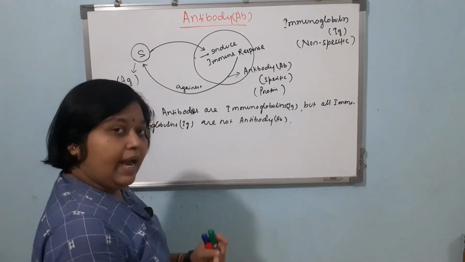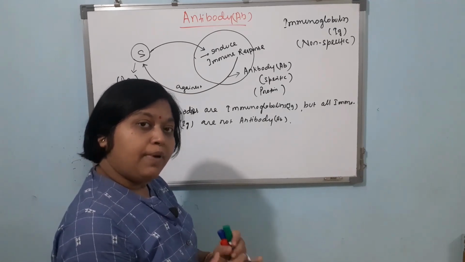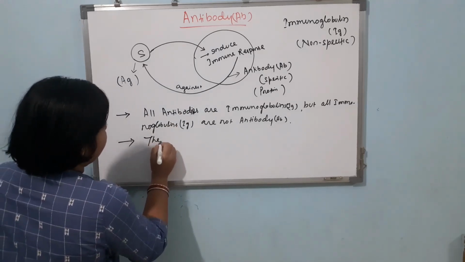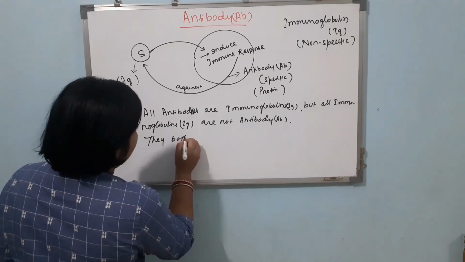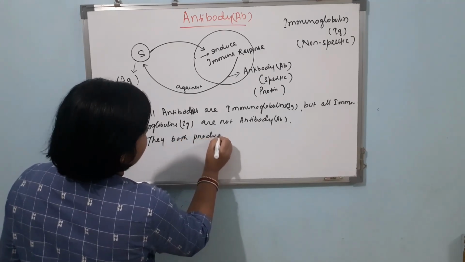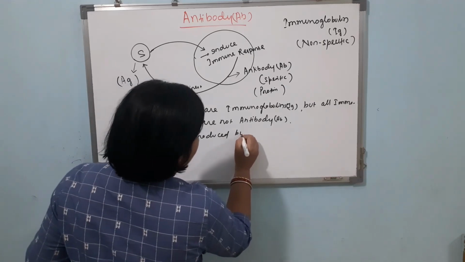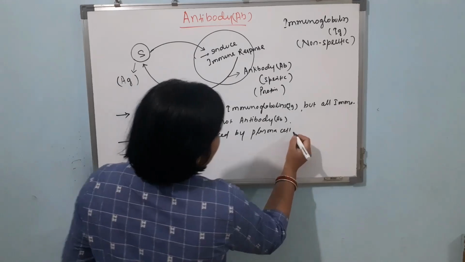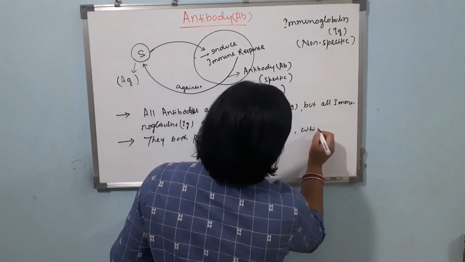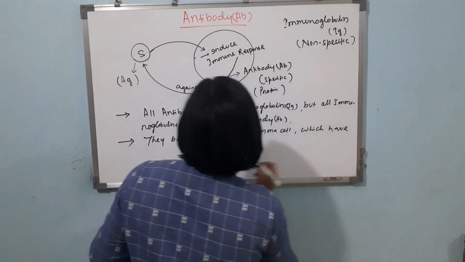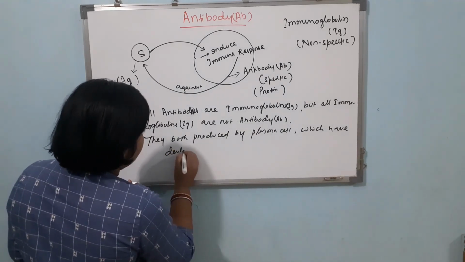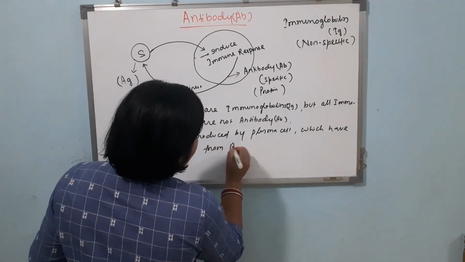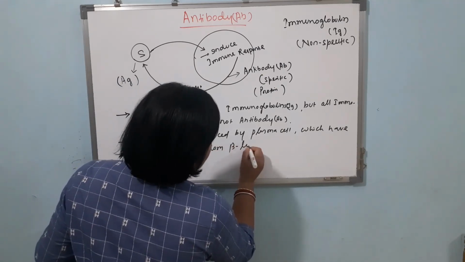Both antibody and immunoglobulin are produced by plasma cell, which have developed from B lymphocyte.